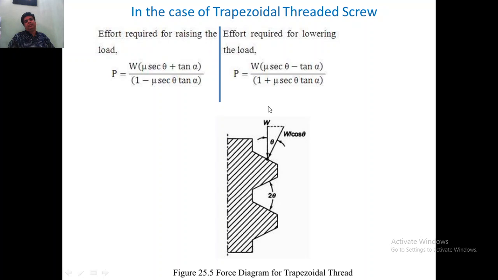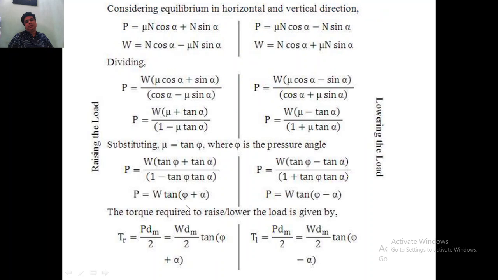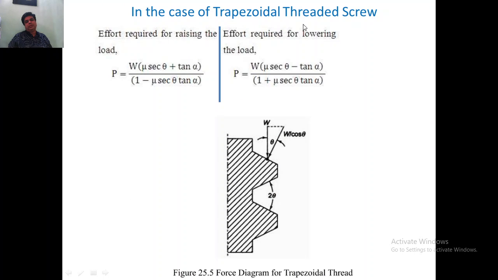Previously we were discussing square threads. All these derivations are for the square thread, and if you take the trapezoidal or Acme thread, we have to make a small variation in the equation, where the load applied will be resolved along this inclined plane.